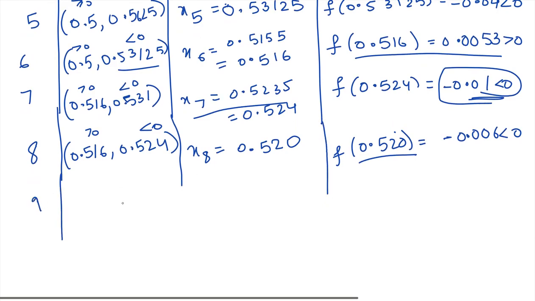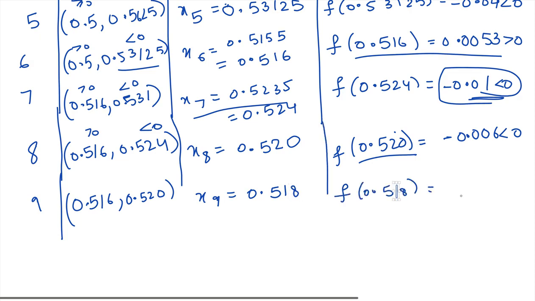So what we will do, we will take this value for sure, 0.520, and we'll include whatever was giving us greater than 0 in the previous interval, right? So 0.516 comma 0.520. Now x9 is 0.516 plus 0.520 divided by 2, which is 0.518.